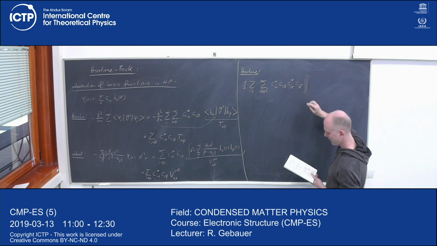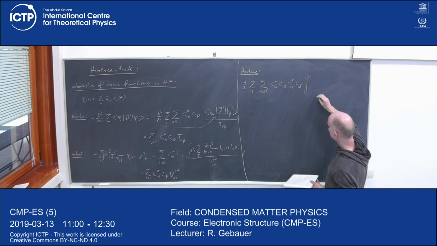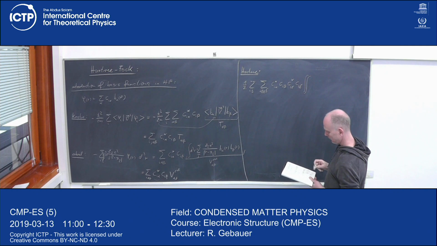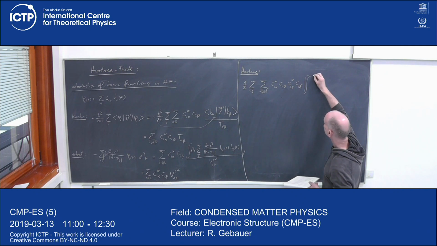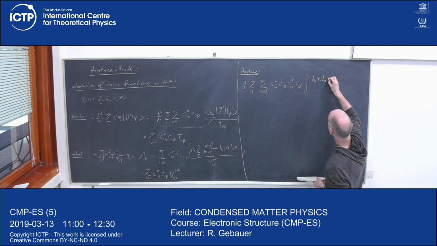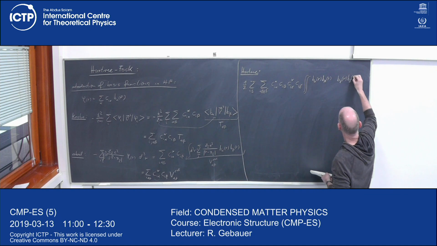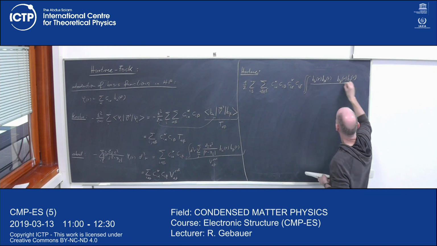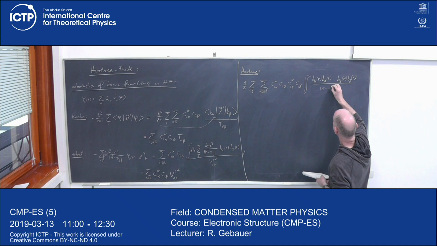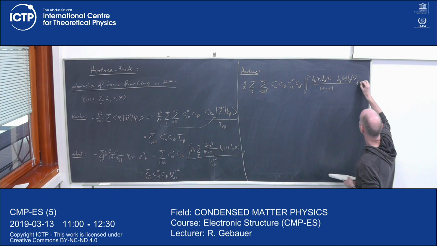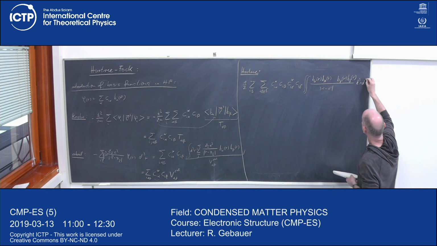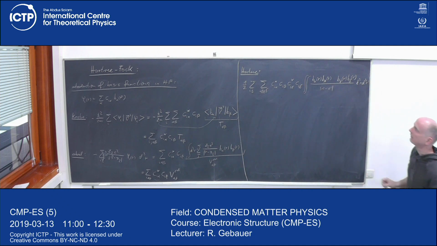Basis function alpha of r, basis function beta of r, gamma of r prime, and delta of r prime divided by |r minus r prime|, d^3r, d^3r prime.